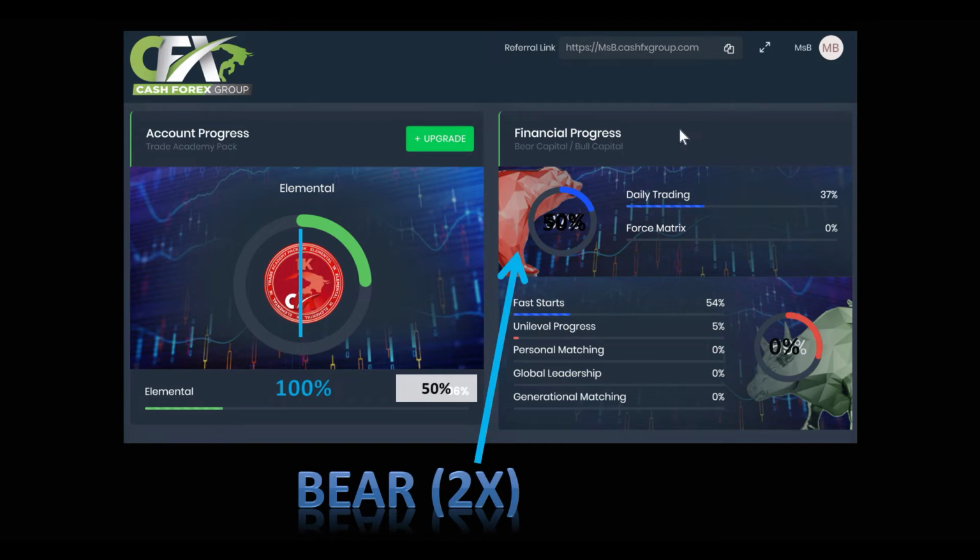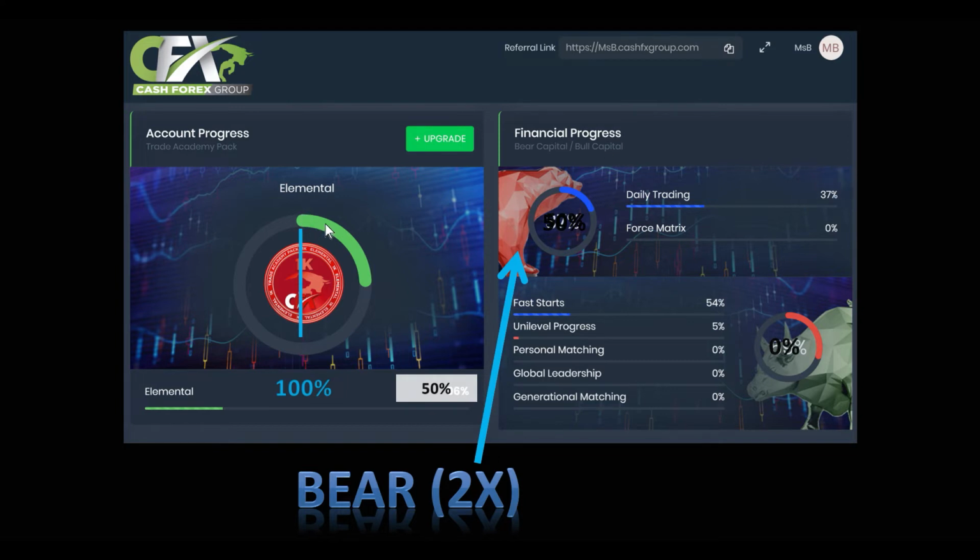So like I was saying earlier, this top right hand portion of the financial progress is related only to bear capital. So as a bear, you haven't signed anyone up, you're just expecting 2x on your investment. So basically with the daily trades that happen Monday through Friday, up to 15% return, that starts getting accumulated in here.